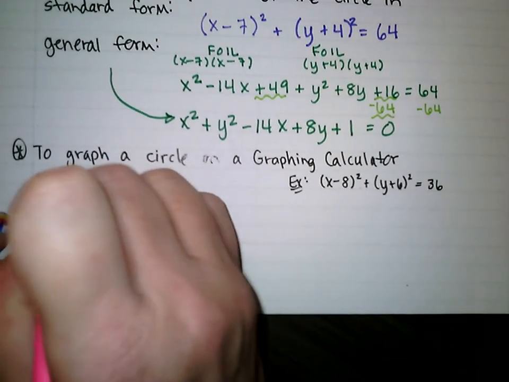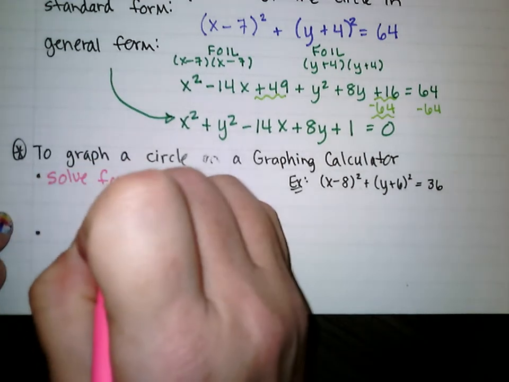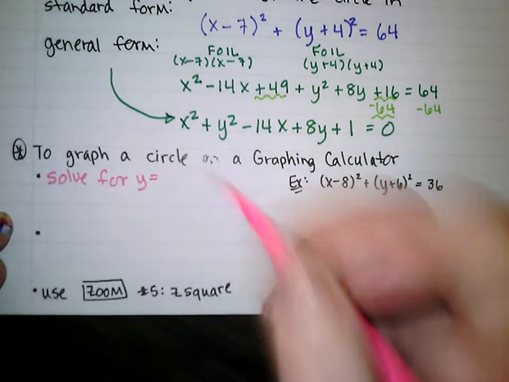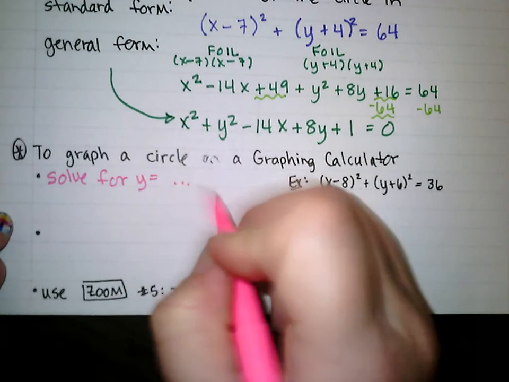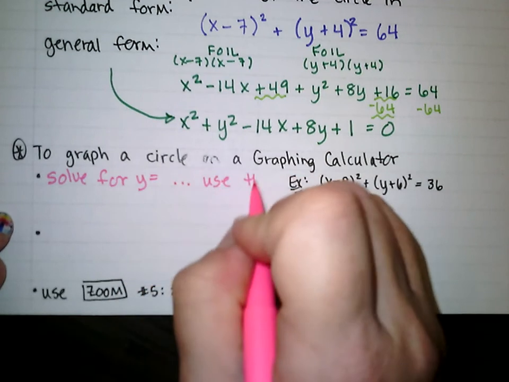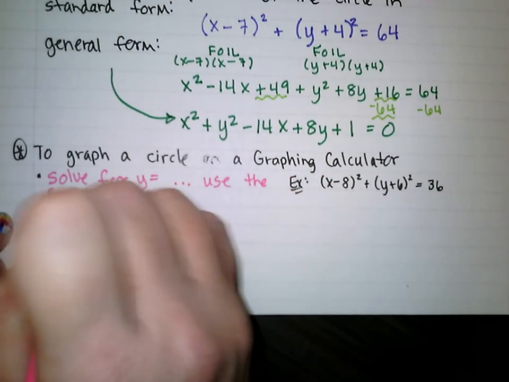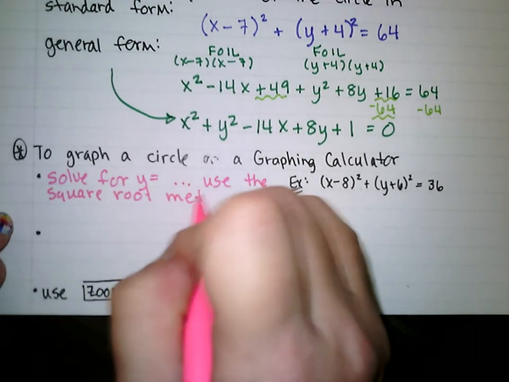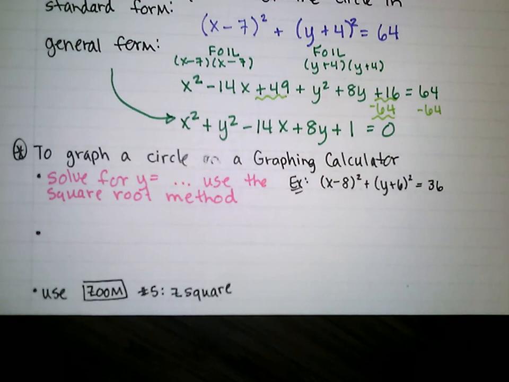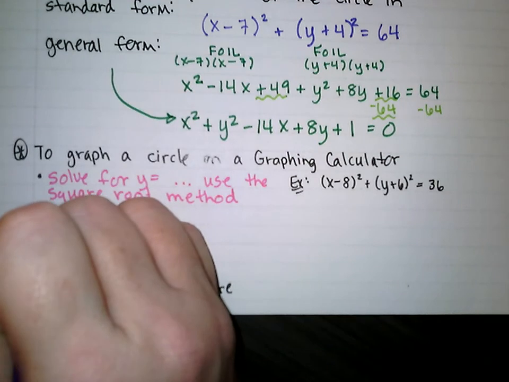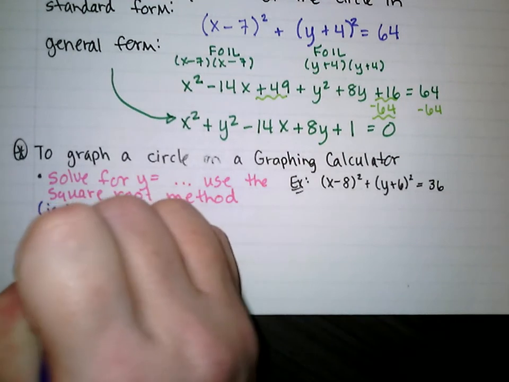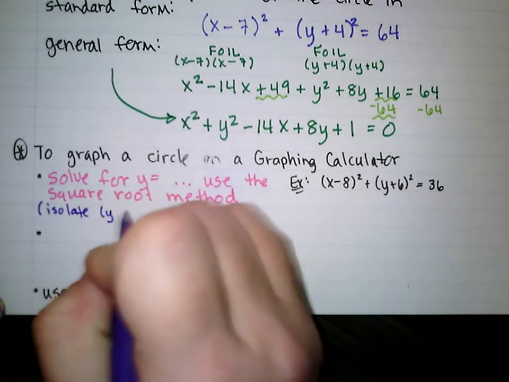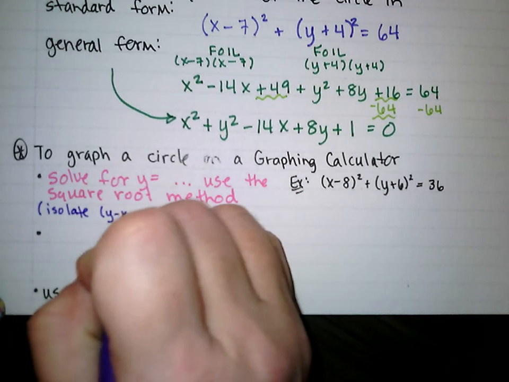So the first thing we're going to want to do is solve for y equals. We're going to be using the square root method. Okay, so just as a refresher, with the square root method, what you're going to do is isolate the y minus k squared.